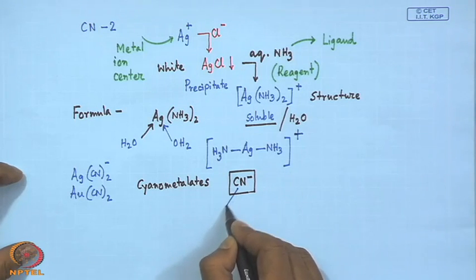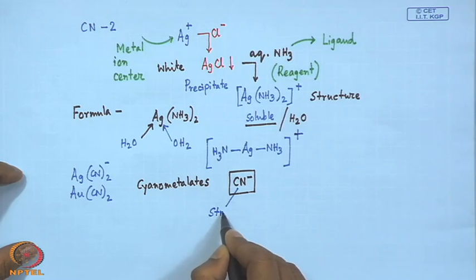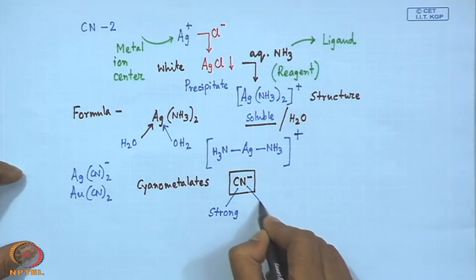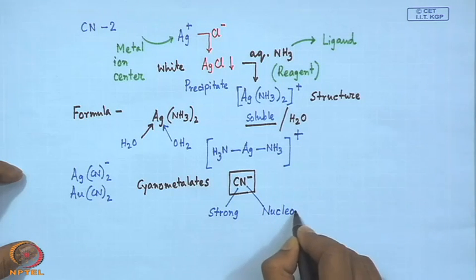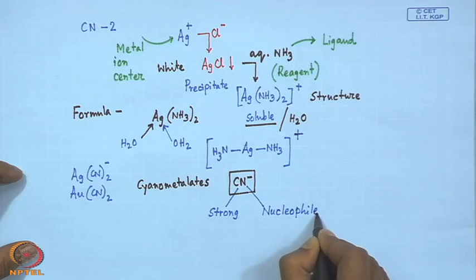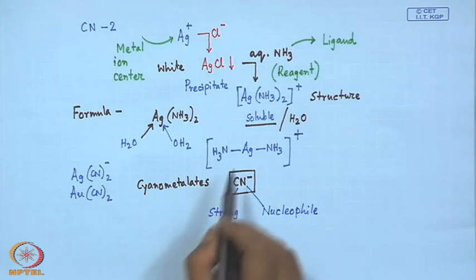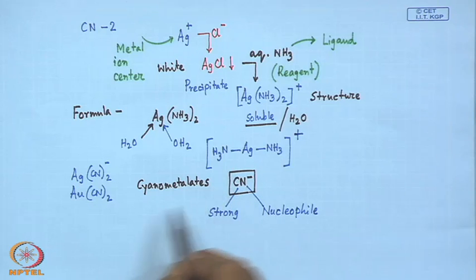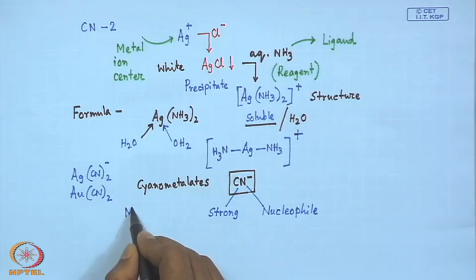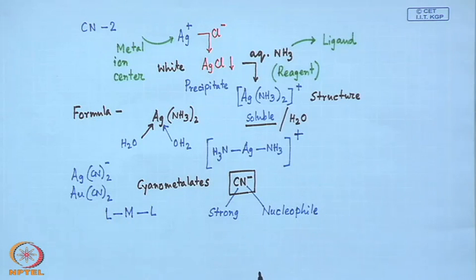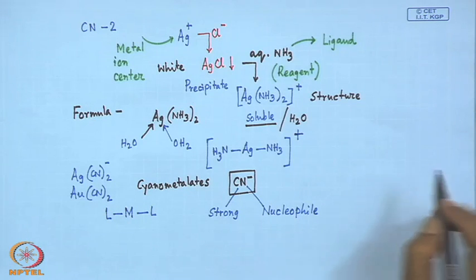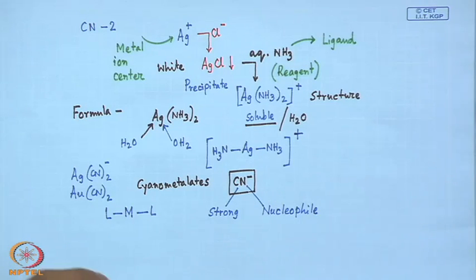So, it is a strong one and a good nucleophile also. Similar to the binding of ammonia, it can also bind from 2 points. That means, if we have M, we can have L from these two sides.